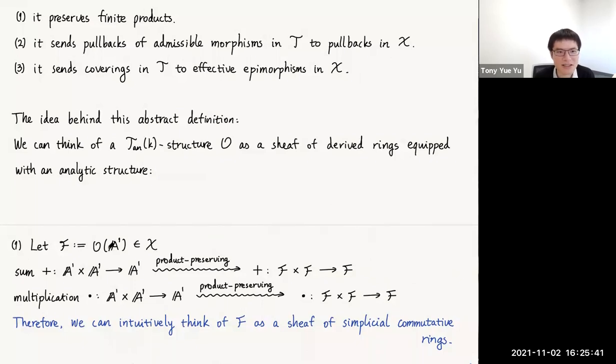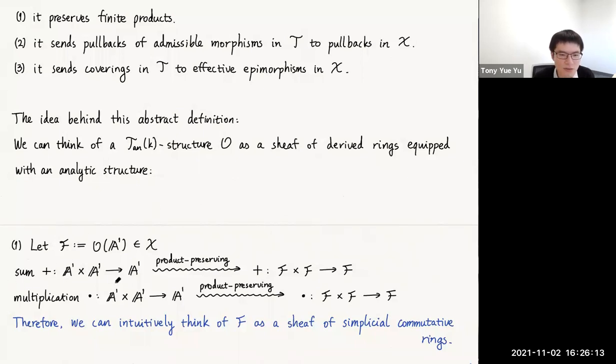A^1 is inside our pregeometry, it's smooth. So we evaluate the functor O on A^1, and we get a sheaf F in X. And this is, in some sense, our structure sheaf. And this is not just a sheaf of sets, it's actually a sheaf of rings, because we have sum and multiplication induced by this functor O.